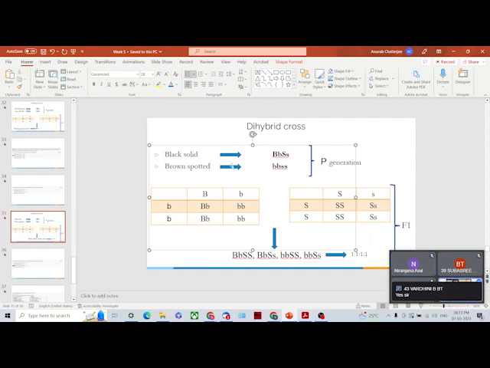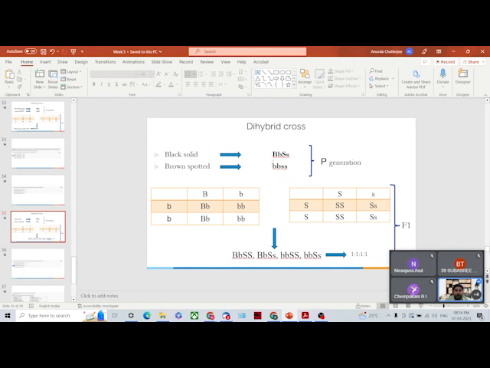So a test cross is done between a particular genotype and the homozygous recessive variant of the other one. So we have black solid from the previous question. We have found out it is capital B, capital S, small s, and the recessive is brown spotted, which is small b, small s.